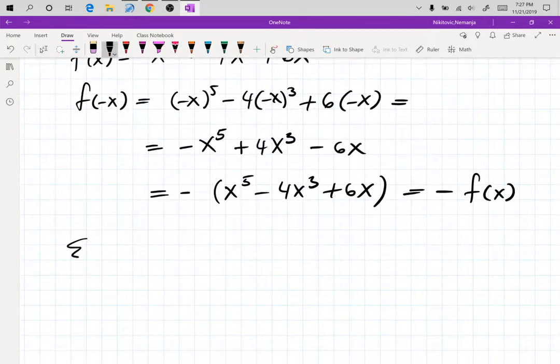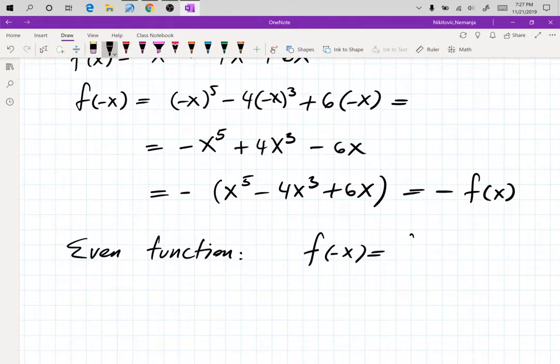Next creature is the even function. For an even function, we have f of negative x is equal to the actual f of x.